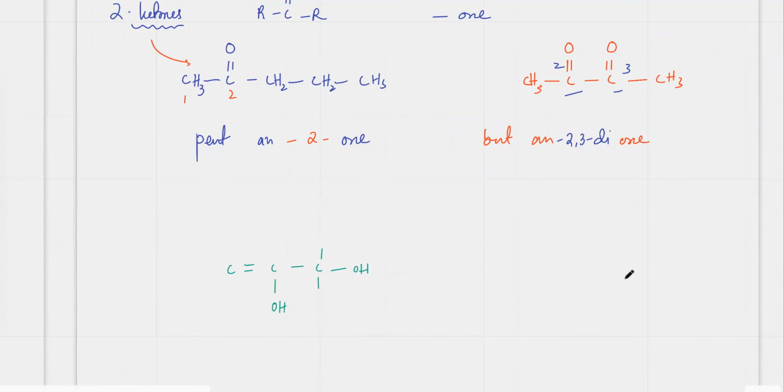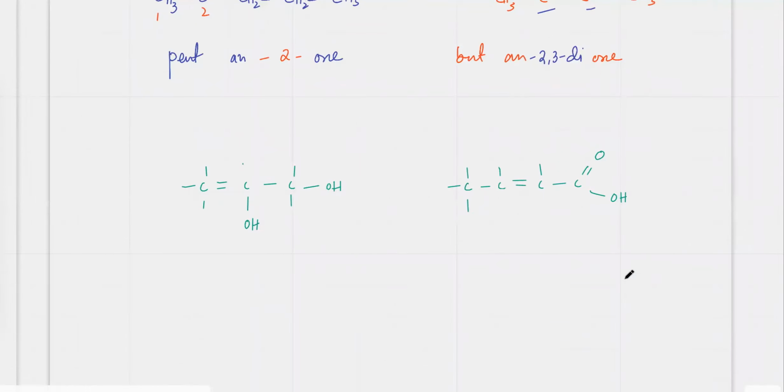The dashes I'm putting, those are your hydrogens.